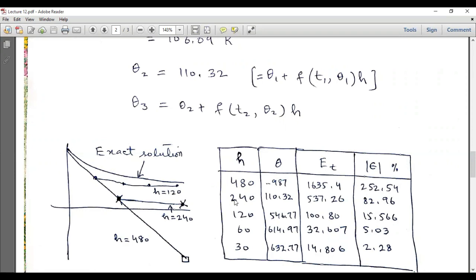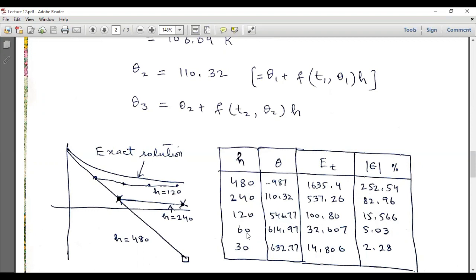So if we keep the step size to 240, our theta value will be equal to 110.32, and this is actually the final value, and the error is equal to 537.26, and this is the percentage error. If we keep the step size to 120, our evaluated final value of theta will be this value. Error is equal to 100, and percentage error is equal to 15.566.